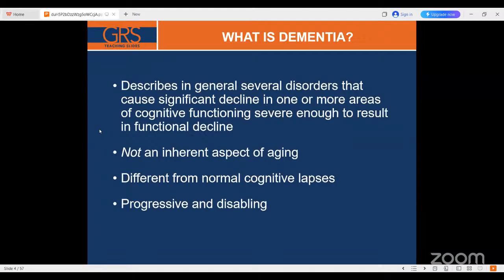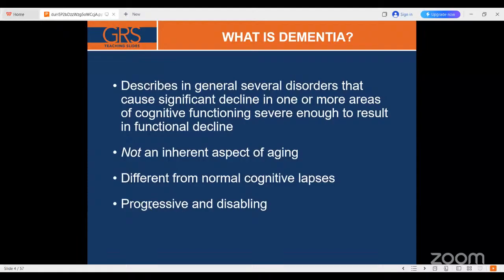Dementia describes several disorders that cause a significant decline in one or more areas of cognitive function that's severe enough to result in functional decline. We should differentiate dementia from normal aging, which results in memory fog, and from normal cognitive lapses.